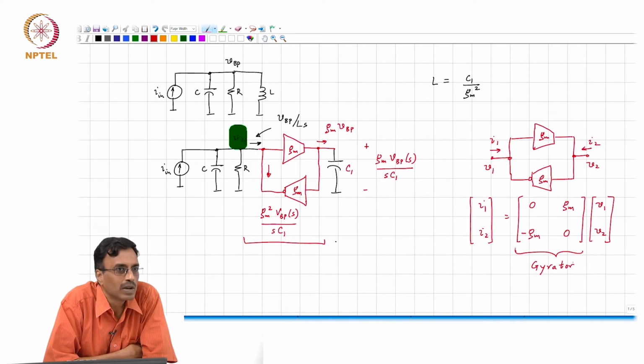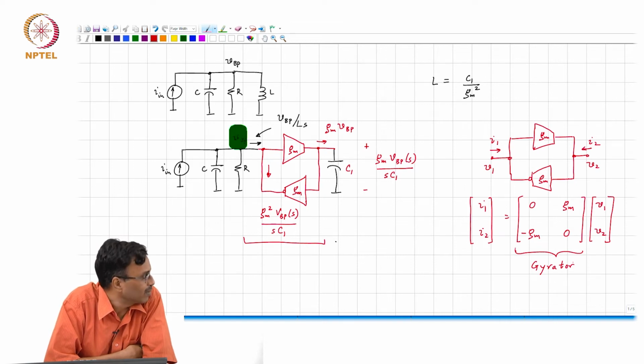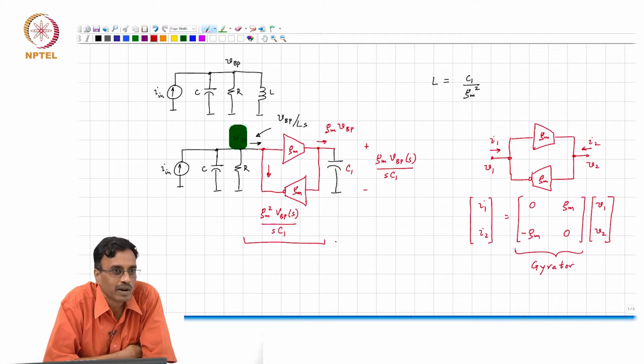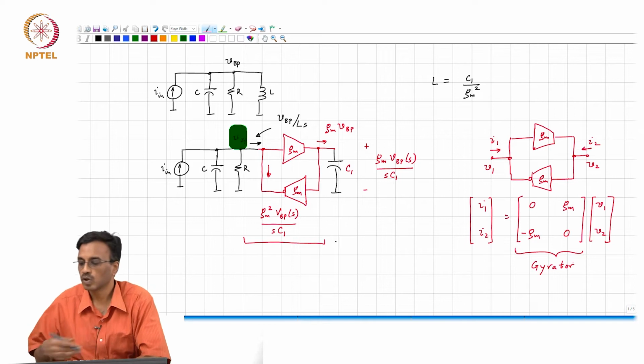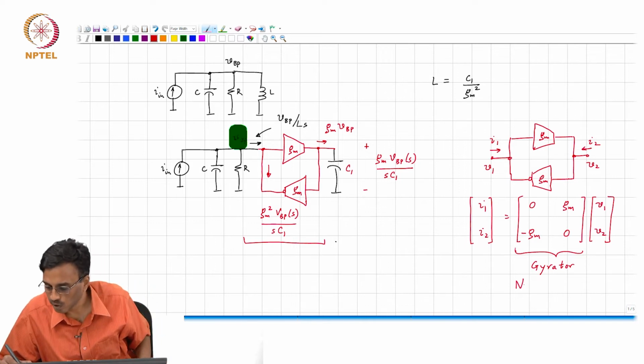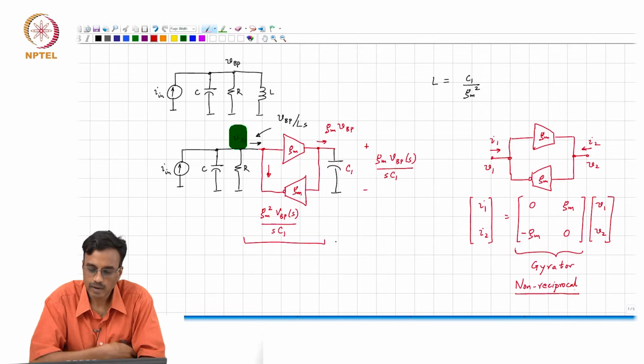Yeah, so Y12 must be equal to Y21, right? What do we see here? Well, apart from the negative sign, everything seems okay, but what is not equal is not equal, right? Okay. It's not like your exams where you say I missed a minus sign and then this is the same thing. You understand? So, this is a non-reciprocal element. Does it make sense? All right.